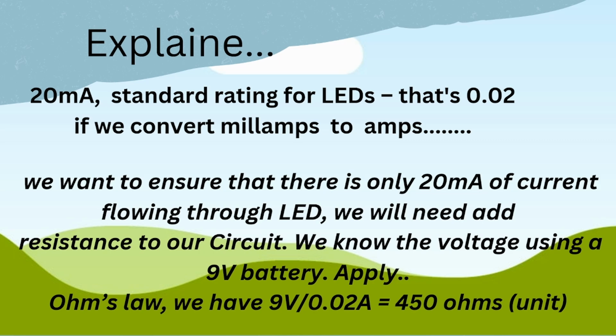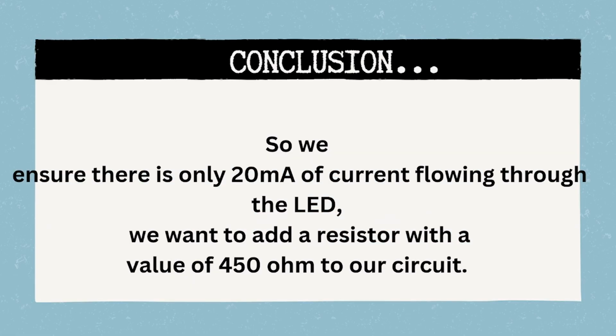This is the unit of resistance, which we measure in ohms, where you get 450 ohms. So there is 20 milliampere of current going through your LED, and we added a resistor with a value of 450 ohm to our circuit. This is the whole conclusion of Ohm's law.